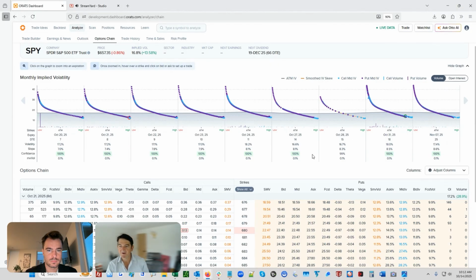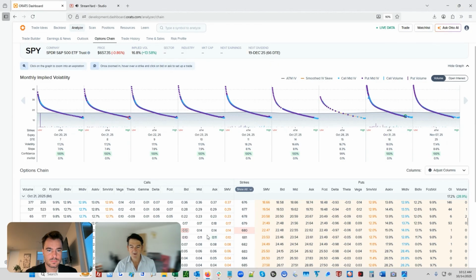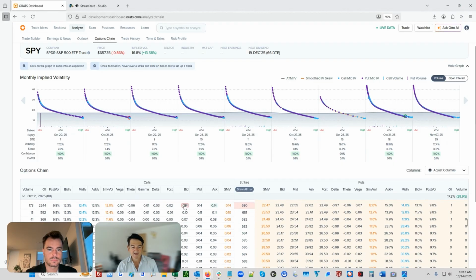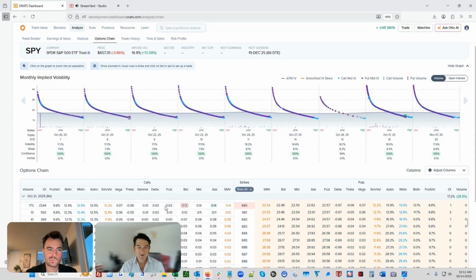It's way out on the skew. So here's the one that we're selling in October, 8 days out. The volatility in the market is 12.2, but our forecasted volatility is 9.8, Tyler. So it's quite a bit off.